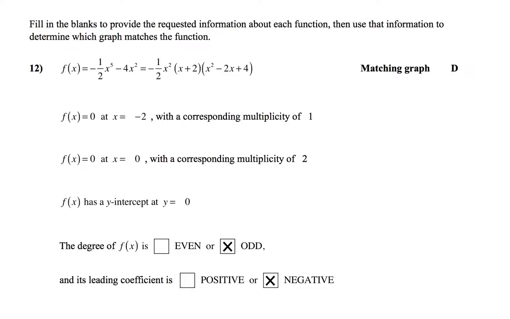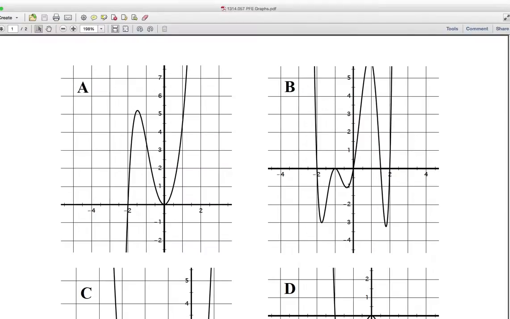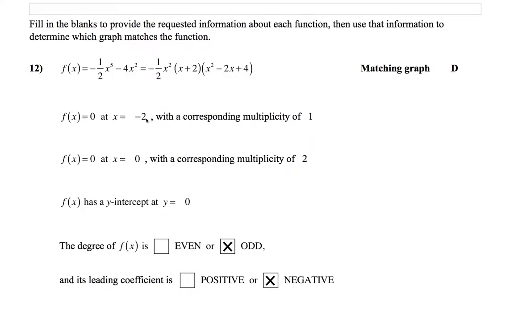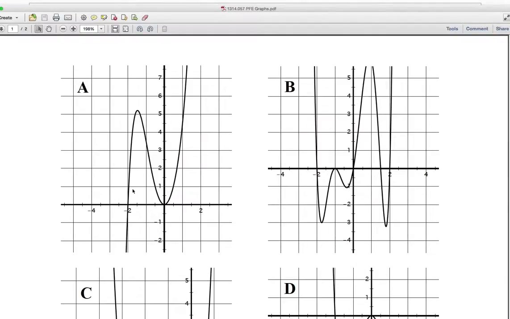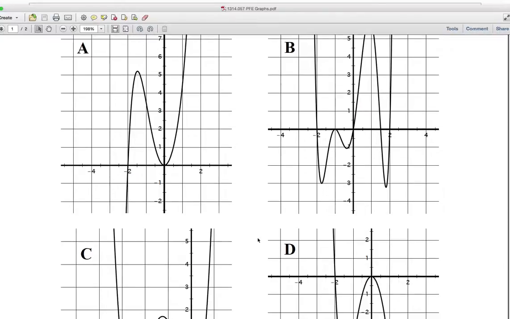Now, what graph would this match? Well, to find that out, we take a look at the graphs here, and we're looking for a graph that crosses the x-axis at -2 and 0. So which of these does? Well, graph A does. B doesn't. It has more zeros than that. C doesn't.